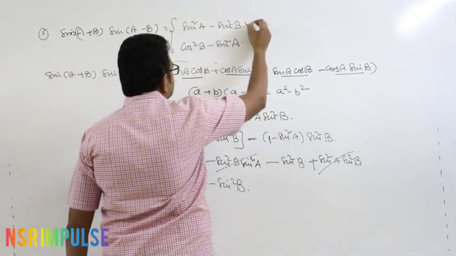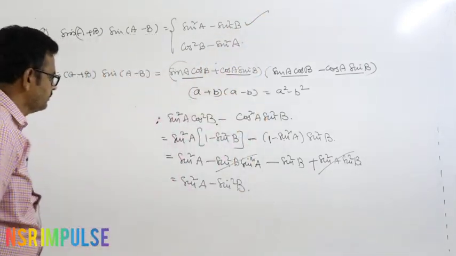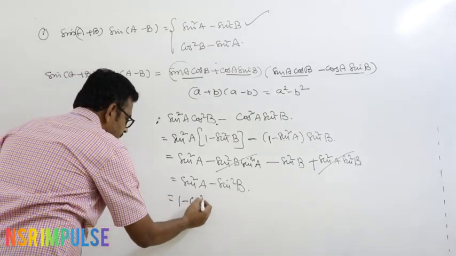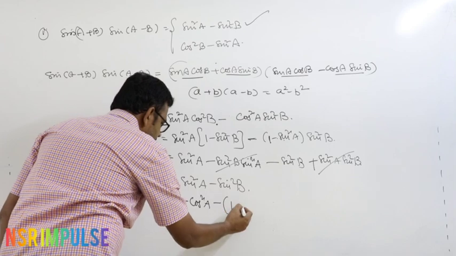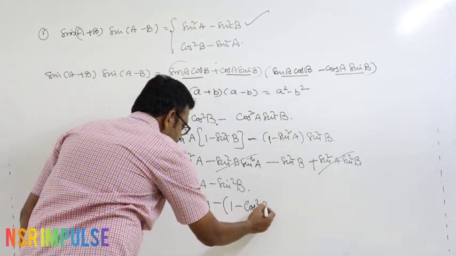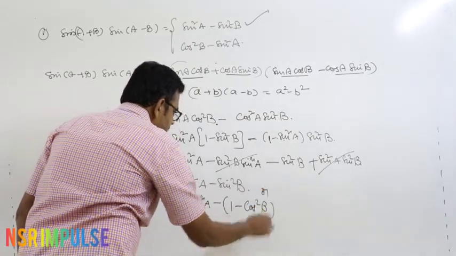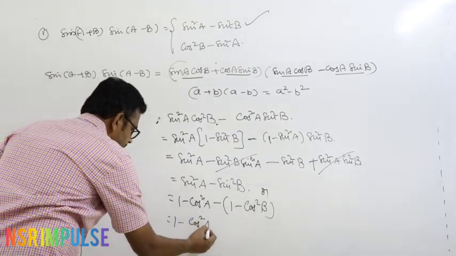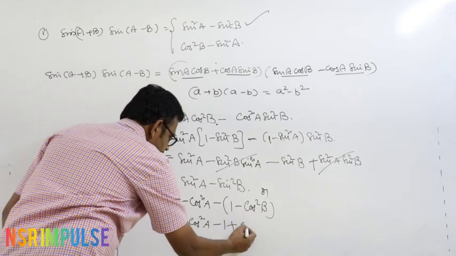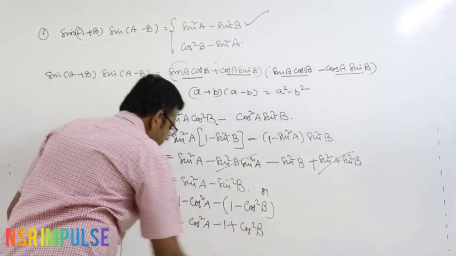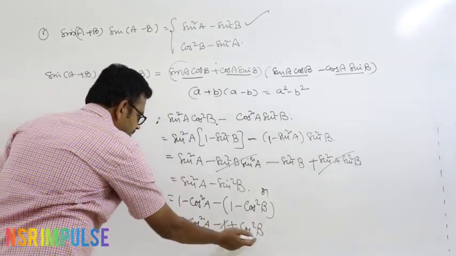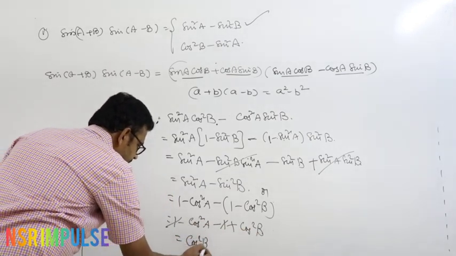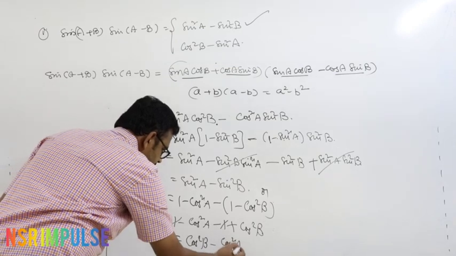So, this is the first formula. Or in terms of cos: 1 minus cos square a minus of 1 minus cos square b. That is 1 minus cos square a minus 1 plus cos square b. The 1s cancel, so that is cos square b minus cos square a.